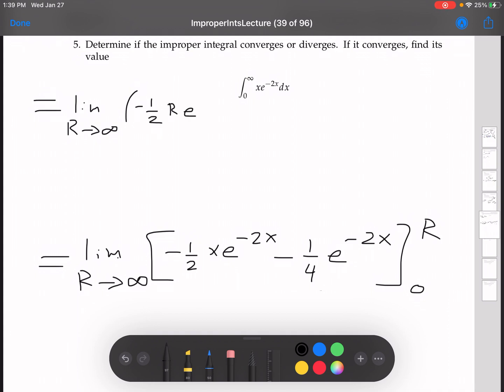We get r e to the negative 2r minus 1/4 e to the negative 2r, minus, now putting a 0 into this one here, that'll give you a 0. So we have 0 minus, now putting a 0 in there, we have e to the 0, so that's 1. So minus 1/4 times 1.